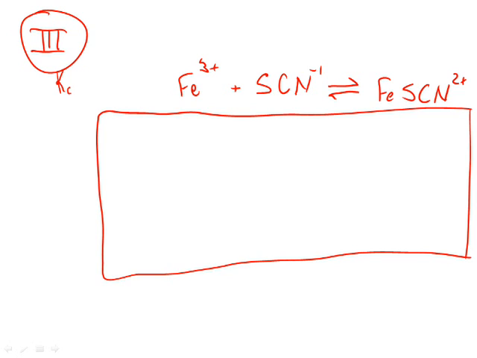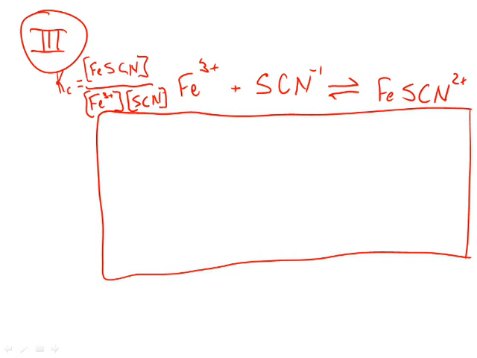You don't know Kc, so you're going to need the concentration of FeSCN, the concentration of the iron-III ion at equilibrium, and the concentration of the thiocyanate ion. You're going to need all of those at equilibrium.